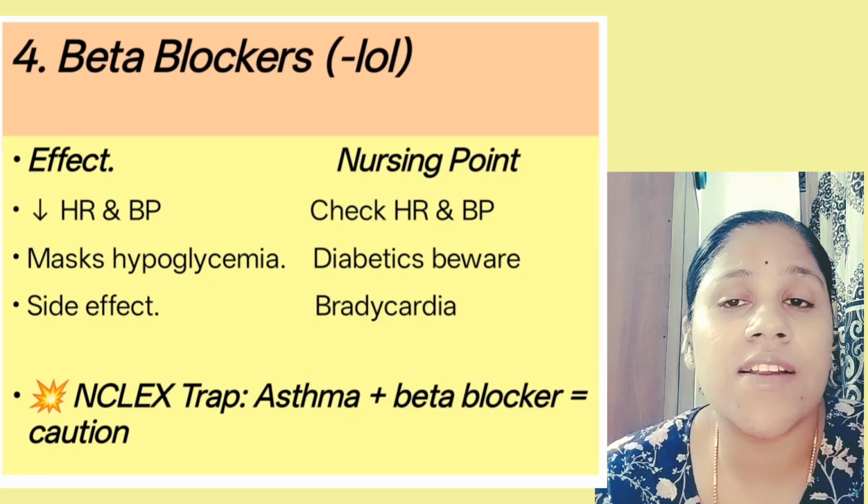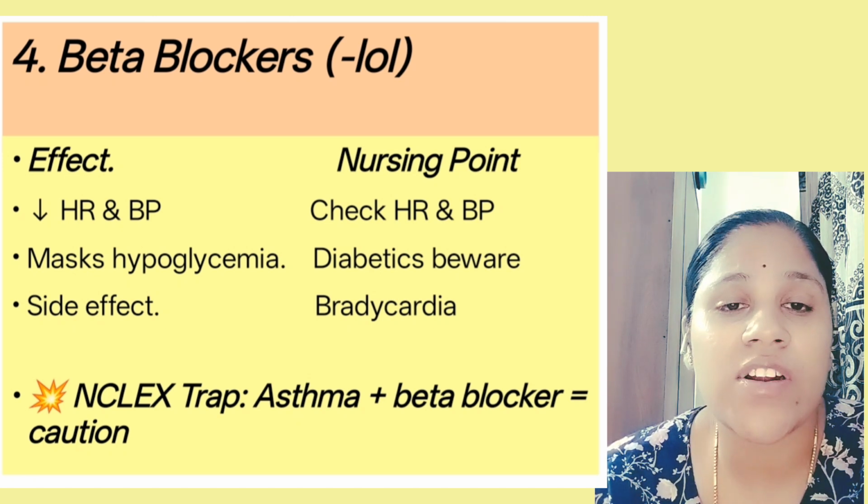Yes, and it has very high chances of masking hypoglycemia. So for patients who have diabetes, we need to take precautionary action to check whether the sugars are falling. We need to instruct diabetic patients to be aware of such drugs.